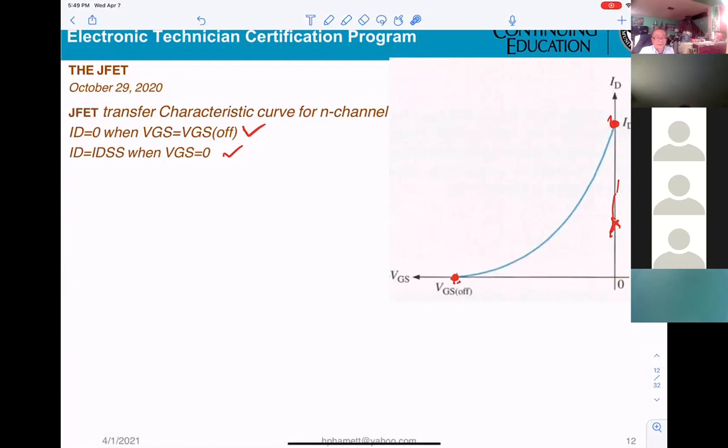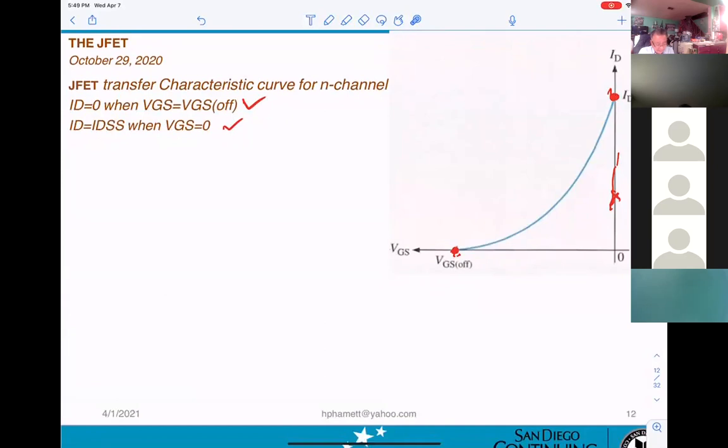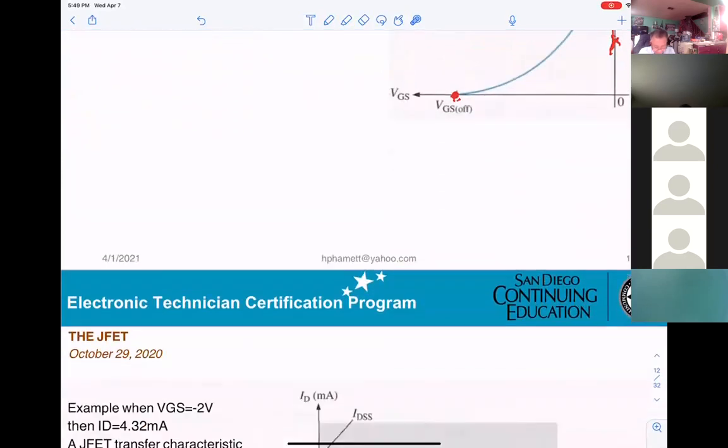And you also get another point they call VGS off. At this point, VGS off, we already know ID equals 0. So they draw the curve, and that's what they call the transfer curve. They already explained it here: ID equals 0 at VGS off, and ID equals IDSS when VGS equals 0.